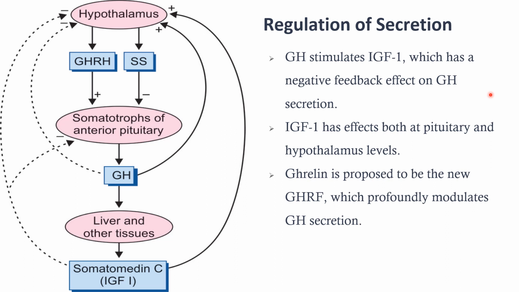There are various factors that regulate growth hormone secretion by influencing the secretion of GHRH, somatostatin, and insulin-like growth factor. Recently, a new growth hormone releasing factor was found, secreted from the hypothalamus, which profoundly modulates growth hormone secretion. That is ghrelin. Ghrelin is proposed to be the new growth hormone releasing factor.